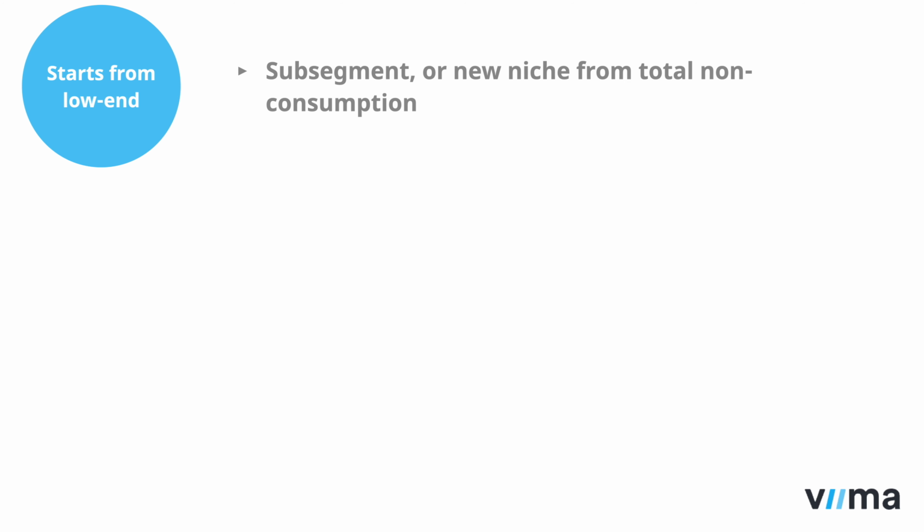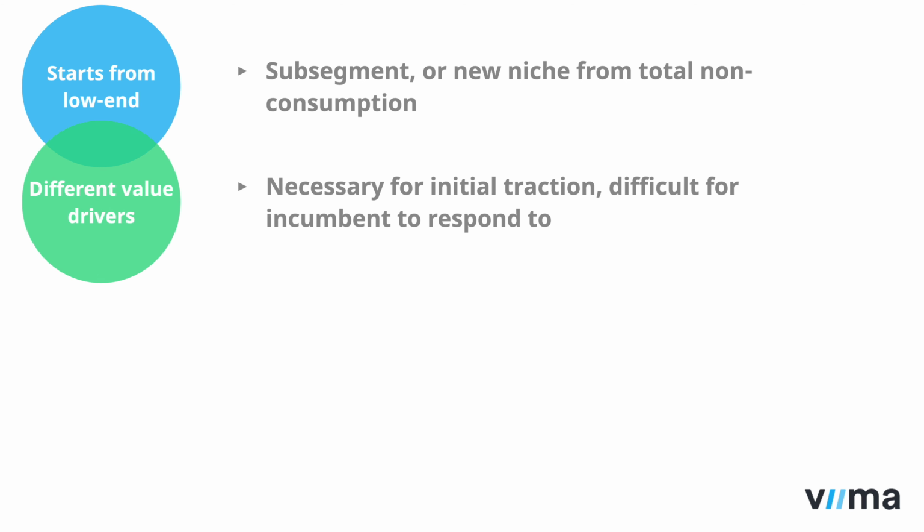Second, and perhaps the least well understood of these, is that the primary value drivers for disruptive innovation are always different from the incumbents. This is a big part of what makes disruption so challenging. It's not just that there's a new technology out there or that somebody is cheaper than you, it's that the disruption fundamentally changes the dynamics and business logic of the current market.